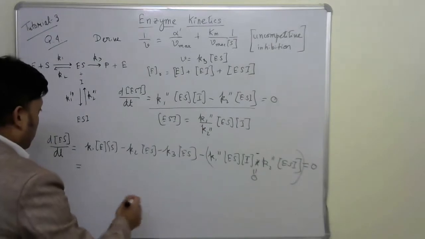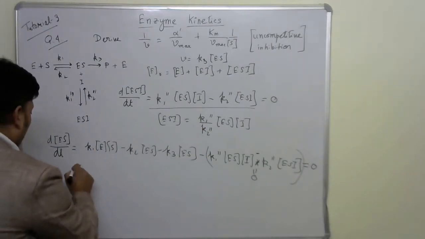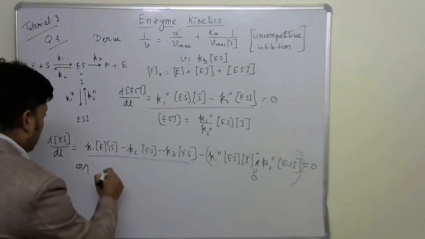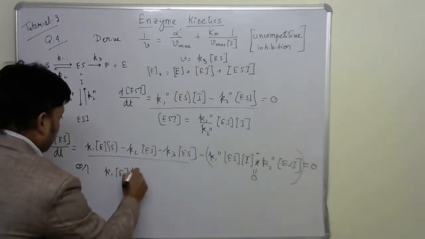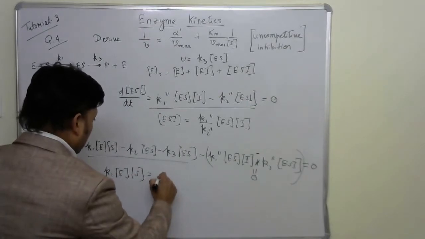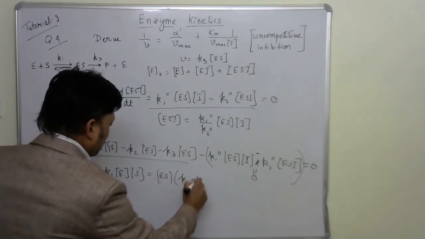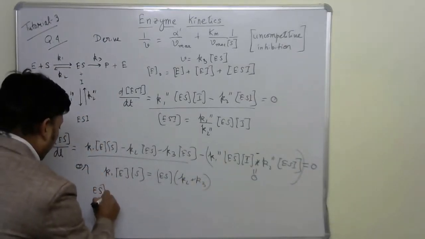So therefore from this part we can write that K1 [E] multiplied by [S] is equal to [ES] multiplied by (K2 plus K3), and therefore we can find an expression for ES.